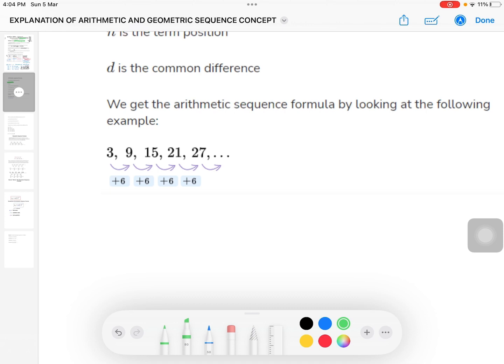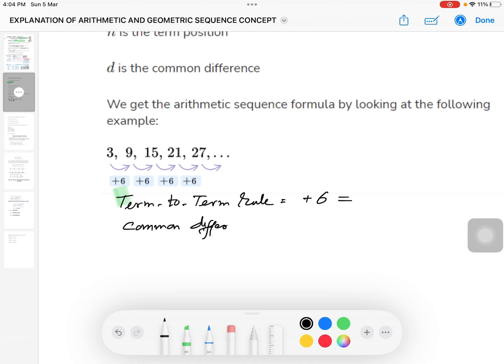You can see that the term to term rule is plus 6, or you can also say the common difference is 6, because 9 minus 3 is 6, 15 minus 9 is 6, 21 minus 15 is 6. What is the first term a1? It's 3.